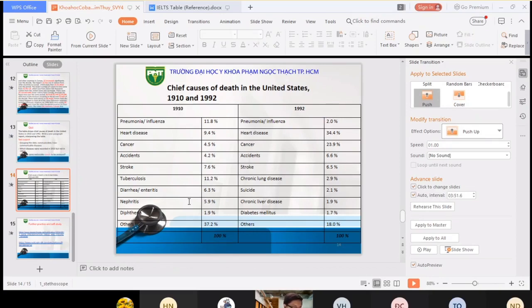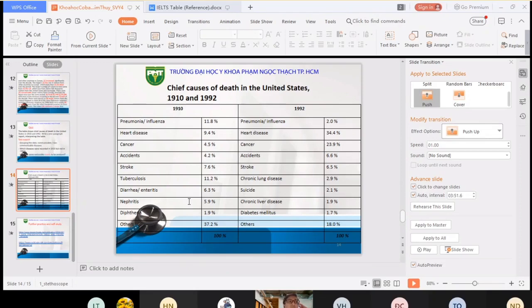Pneumonia influenza goes from 11.8% down to 2%. Like, a significant decline can be seen here, right? Heart disease, the figure of heart disease jumps from 9.4 up to 34.4. Wow, it's almost 4 times, right? That's how you interpret data. You still remember how to interpret data.